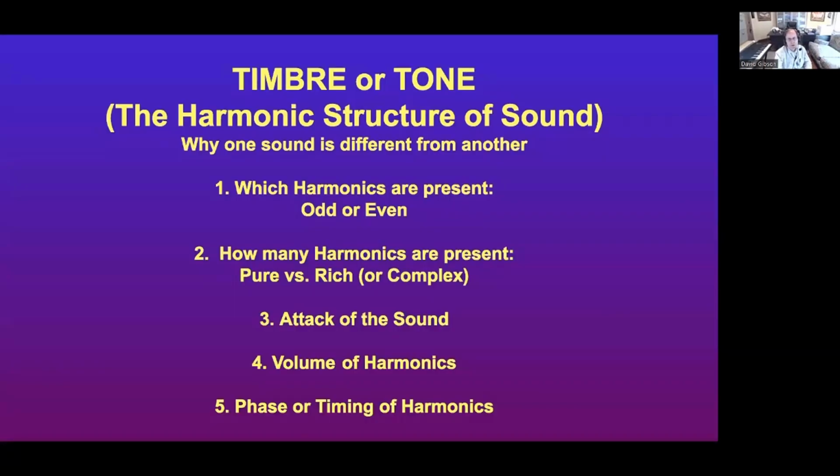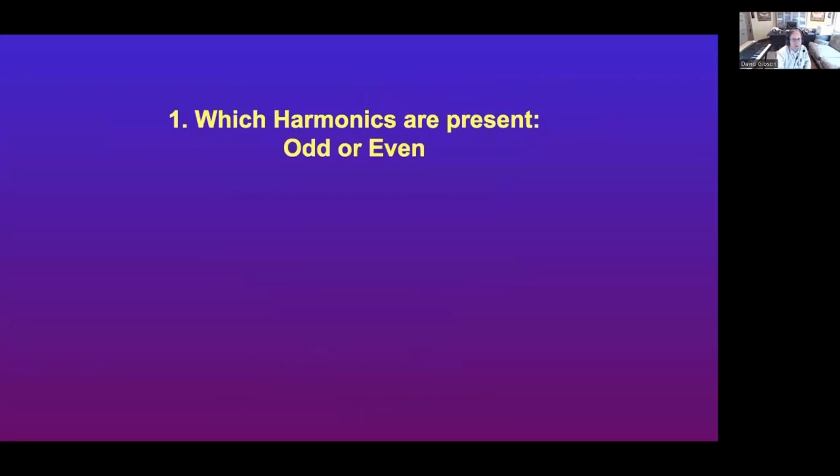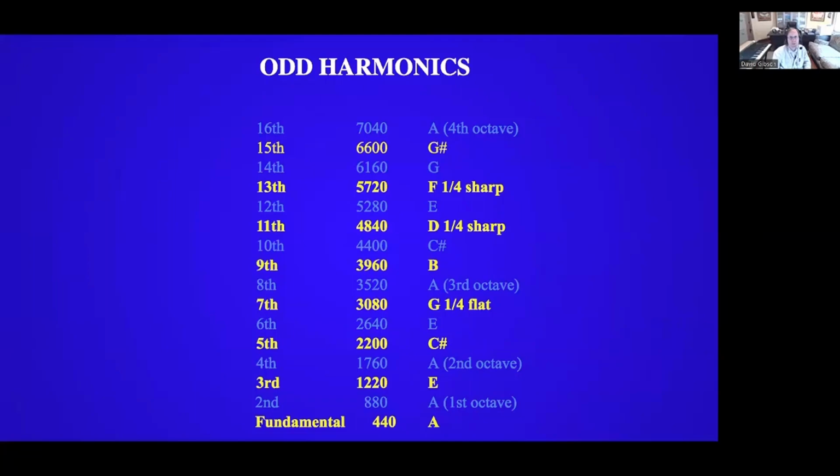Okay? Now, there's also a couple of things that I want to show you that have to do with why one sounds different than the other based on those harmonics. First of all, there's odd and even harmonics. It just so happens that instruments like a gong or a bagpipes or even Tibetan bowls mostly produce the odd harmonics.